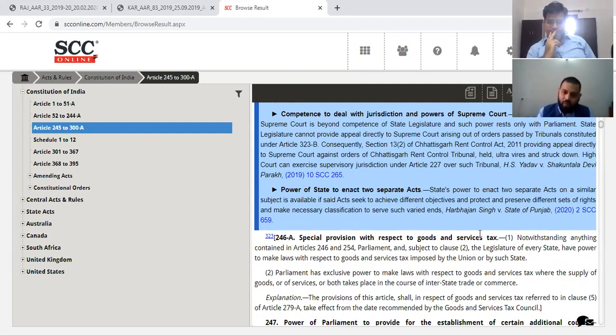But 246A essentially stands as an exception to this general reference point, because it's a non-obstante clause.